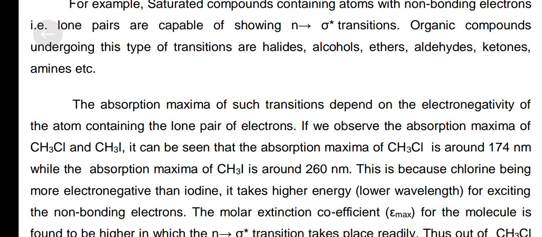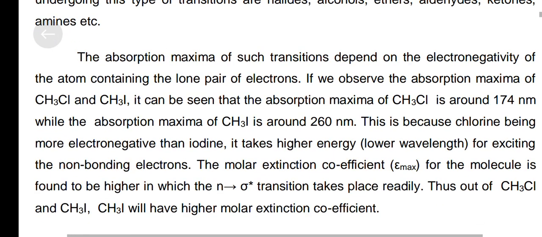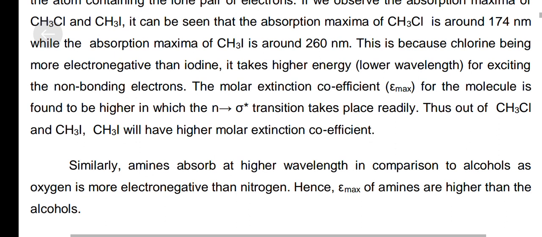This is because chlorine being more electronegative than iodine, it takes higher energy, lower wavelength, for exciting the non-bonding electrons. The molar extinction coefficient is found to be higher for the molecule in which the n to sigma star transition takes place readily. Thus, out of CH3Cl and CH3I, CH3I will have the higher molar extinction coefficient.